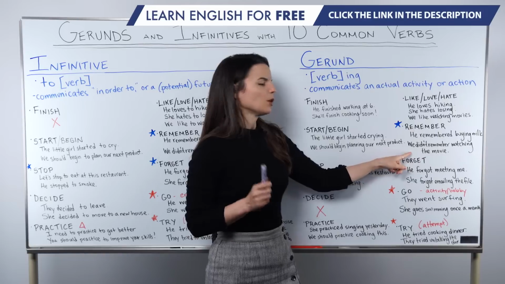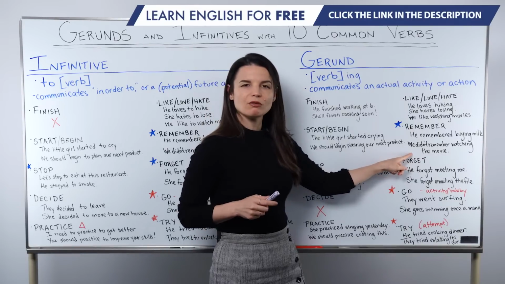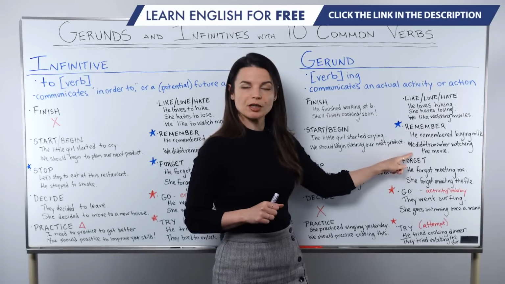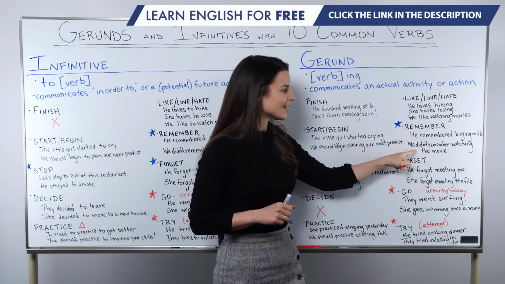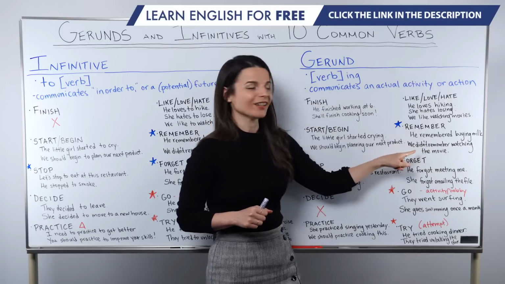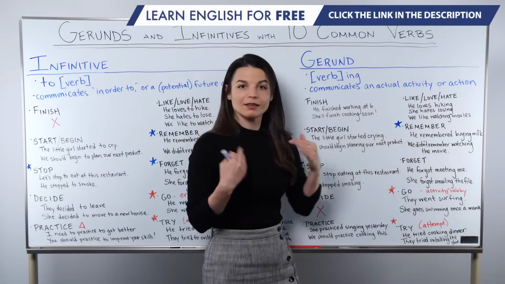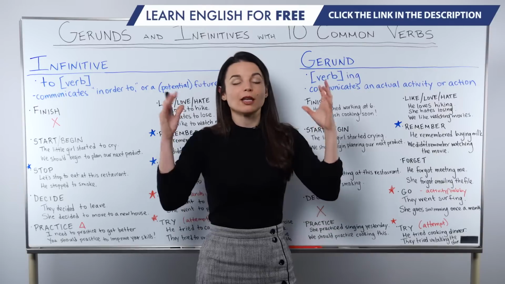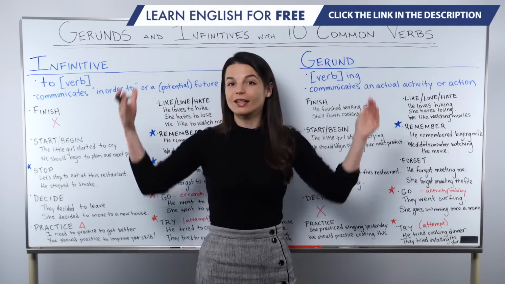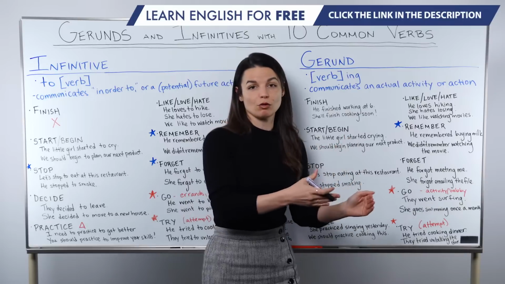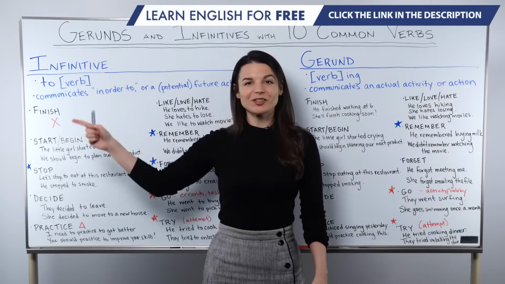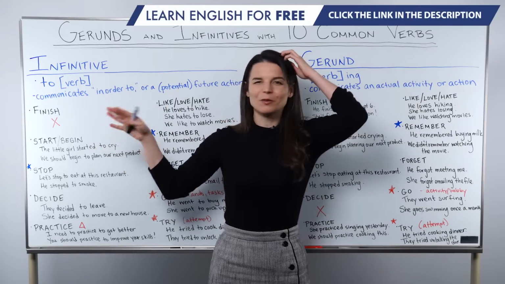Second example, we didn't remember watching the movie. So in this sentence, again, we have the negative here. This sentence means we, the speakers, the group of people, do not remember the activity of watching the movie. So this sounds like they watched a movie, but they don't remember any of it.